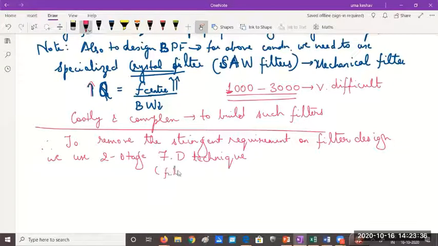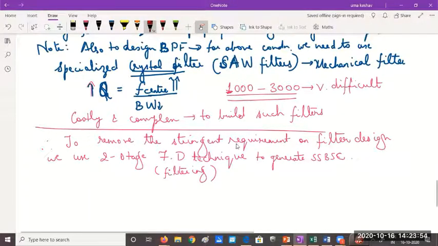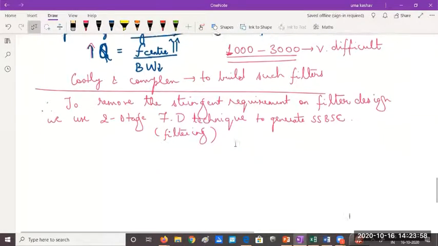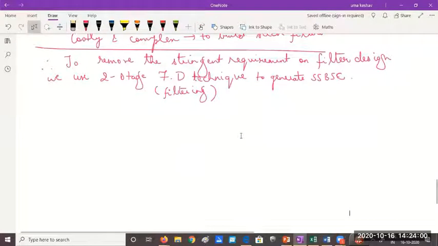The other name for frequency discrimination technique, what we just now studied, is filtering technique to generate SSB-SC signal. So to generate SSB-SC, we normally try to use a two-stage. And you should understand how we are going to design this two-stage and how we will work with it. It is quite simple.